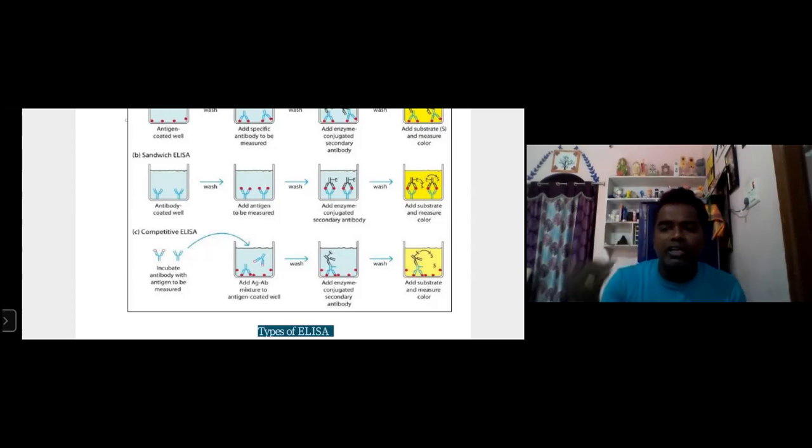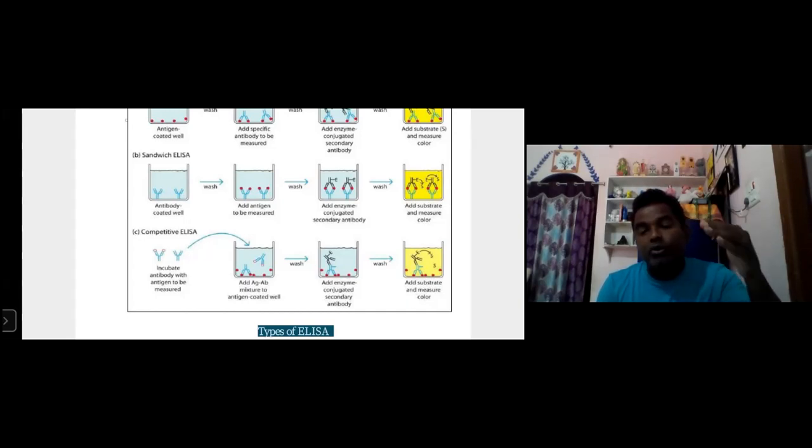Then conjugated enzyme coated antibody is added. Simply remember one thing: antibody, enzyme coated antibody, and then antigen antibody complexes.